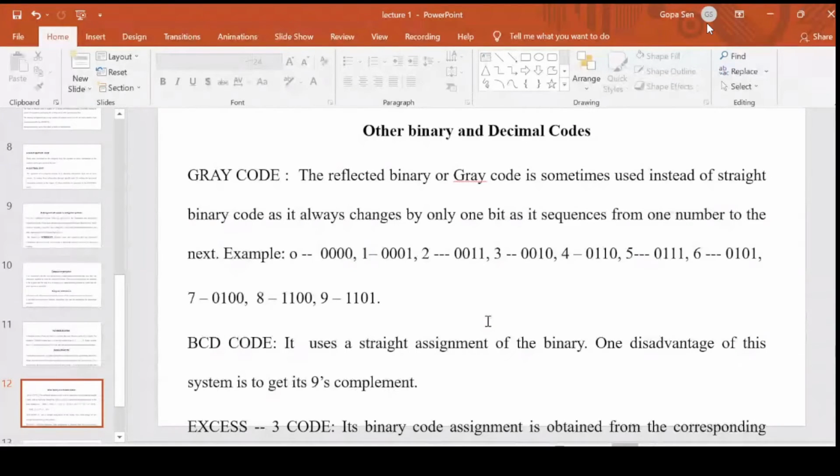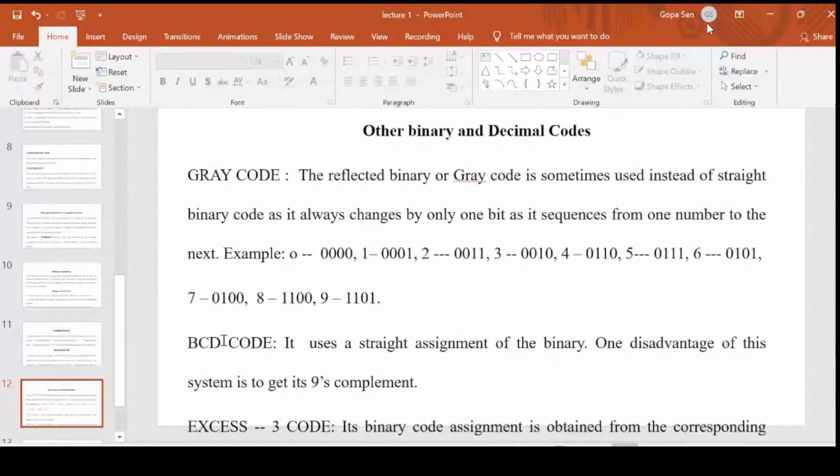If we want to represent 6,431 in the binary system, you require a large number of bits. So to avoid this, another code comes, which is known as BCD code. BCD code basically uses decimal numbers, but those decimal digits are represented in binary format.